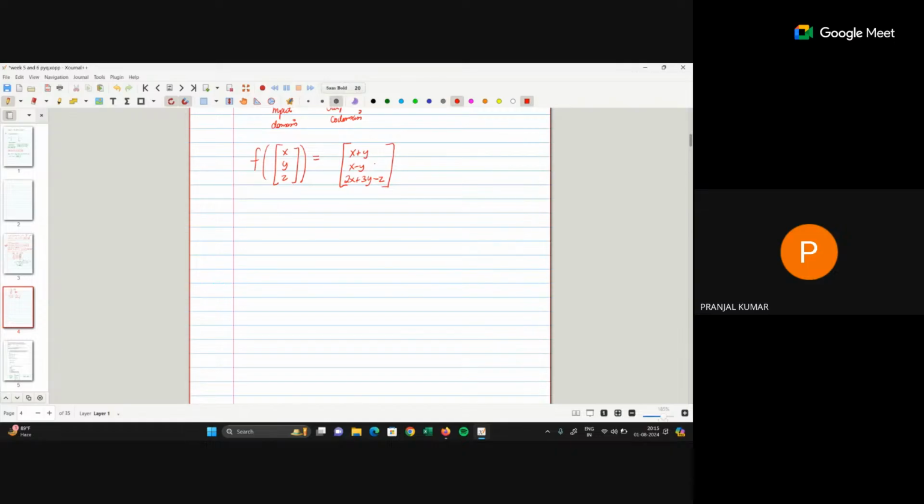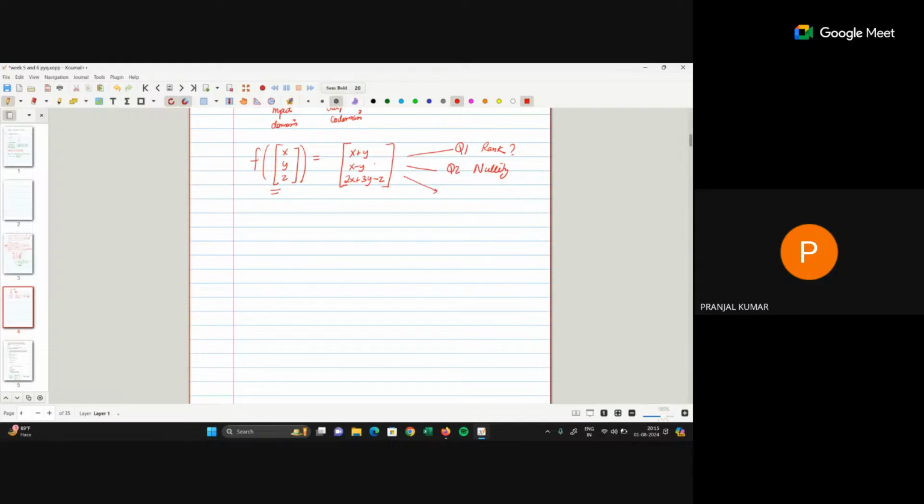Now first of all, what types of questions can be asked in this? A linear transformation will be given with such a definition, and they will ask you these types of questions. Question one is the rank of this linear transformation. Question two is nullity.